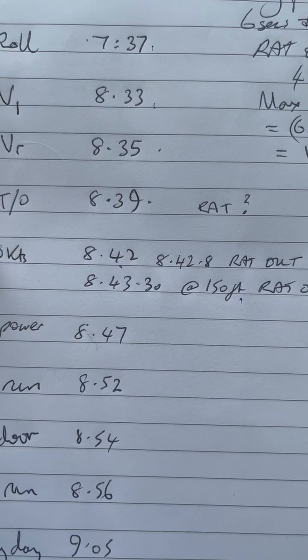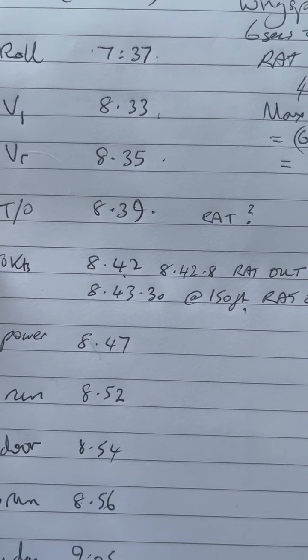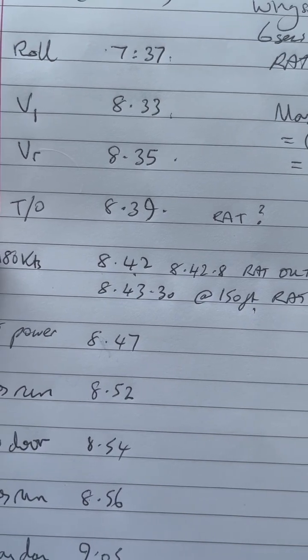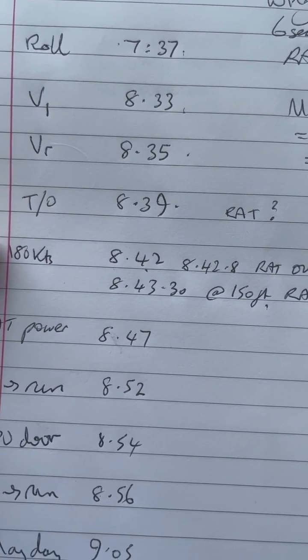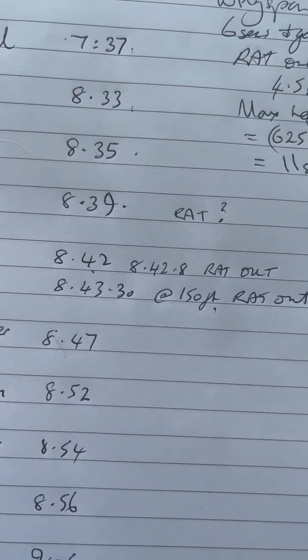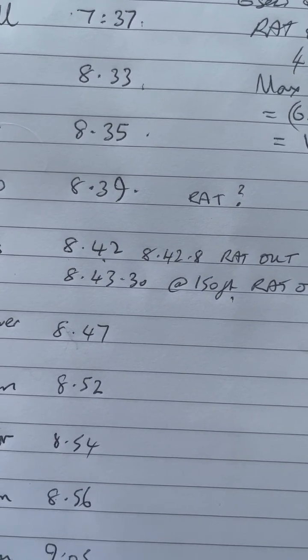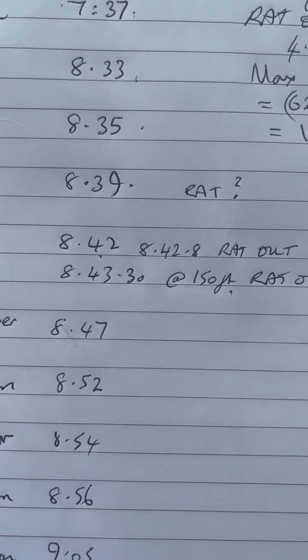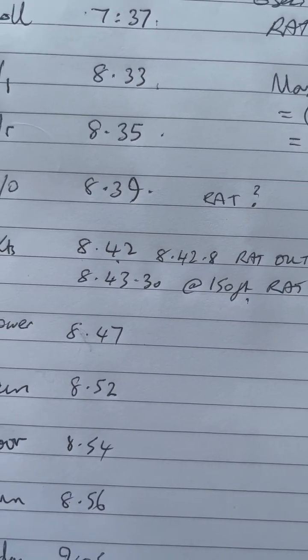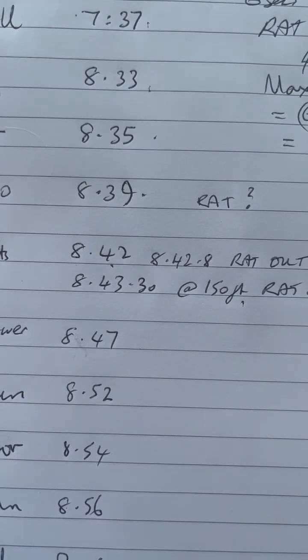So where does that put us as being at 150 feet? Well, the two times I just mentioned, 4.5 seconds and 3.8 seconds, mean that the ram air turbine could have come out somewhere between 8 minutes 42.8 seconds and 8 minutes 43.5 seconds.